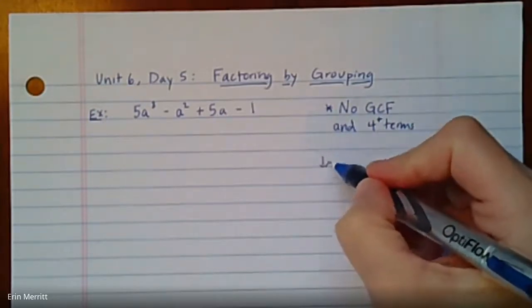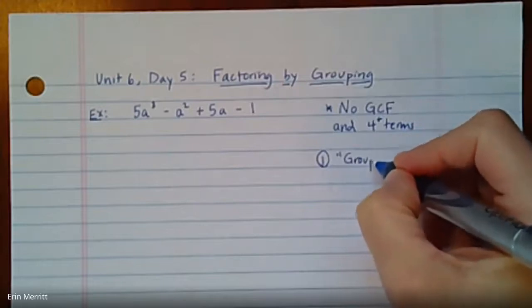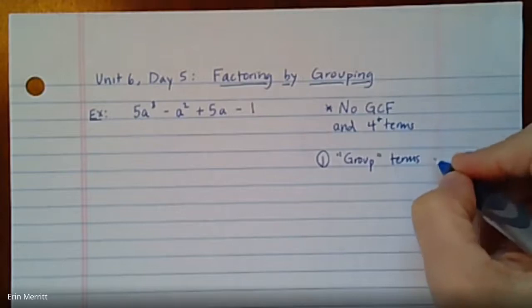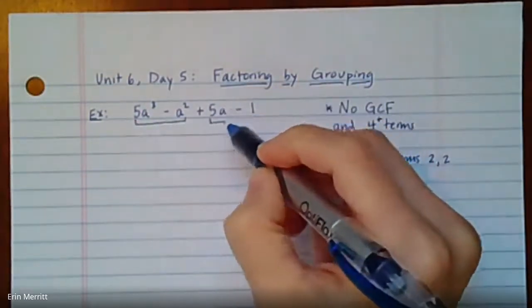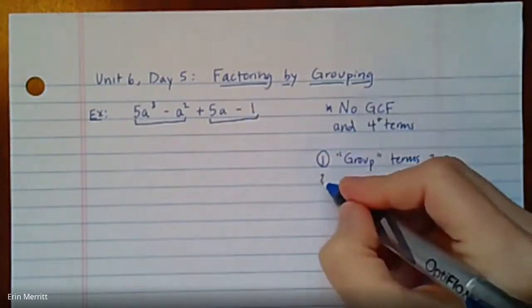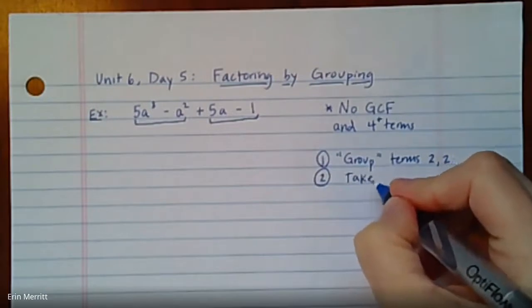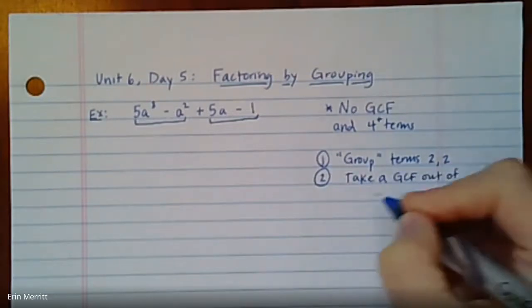So step number 1 is we actually are going to group the terms 2 by 2. And usually we will just take the first 2 and group them together, take the second 2 and group them together. When we group them, what we're then looking to do is to take a GCF out of each group.